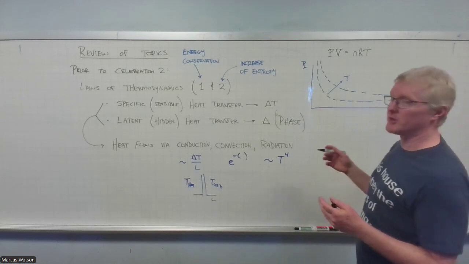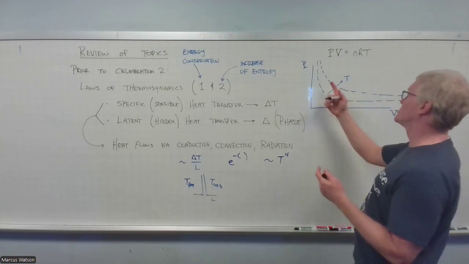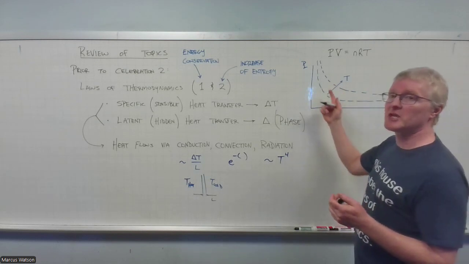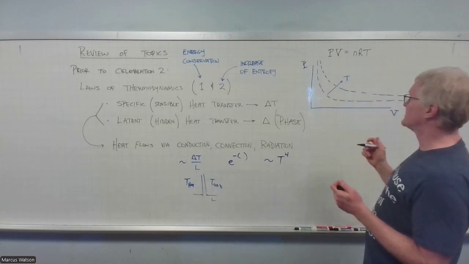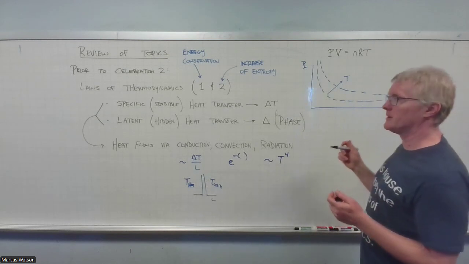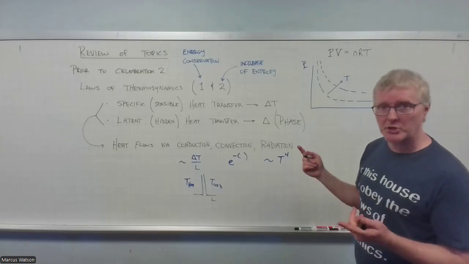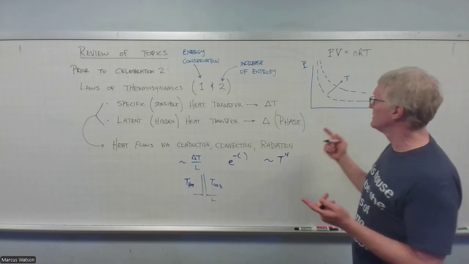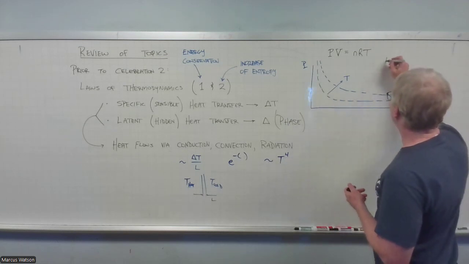We had one in which there was no work done by the environment. We had one in which there was no change in the temperature of the substance. And then we had one that was constant in pressure, with no change in the pressure of the ideal gas.